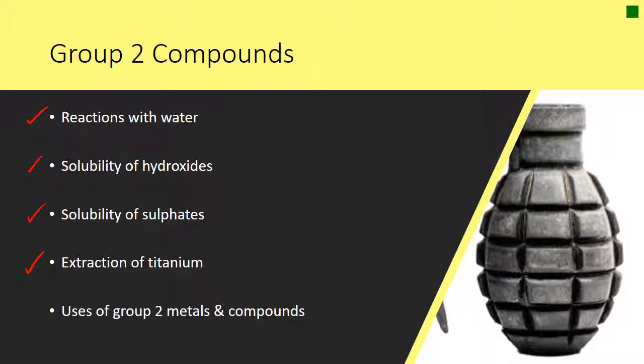And lastly, we looked at several uses of the group 2 metals, like magnesium, used in the extraction of titanium, and the compounds like magnesium and calcium hydroxide, barium sulfate, and calcium oxide. We've done quite a few uses as well. I hope that's been clear.